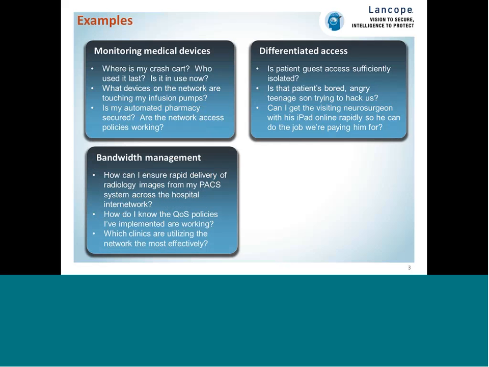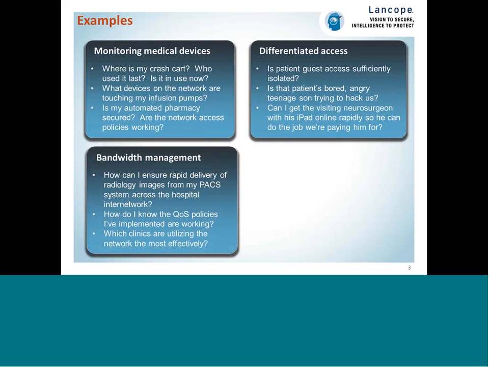How do I manage bandwidth, especially if I have multiple hospitals and I need to be able to move large files back and forth, or real-time protocols if I'm doing some kind of e-learning or I'm supporting voice? How do I know that the policies that I've implemented for quality of service and such are working? How do I make sure that images are delivered? How do I know what's using that expensive MAN bandwidth between my hospitals in a city?